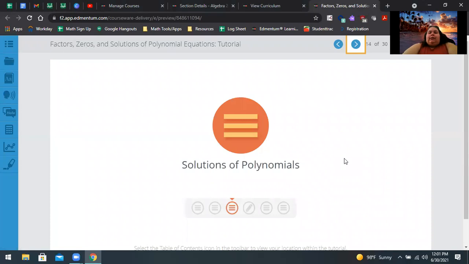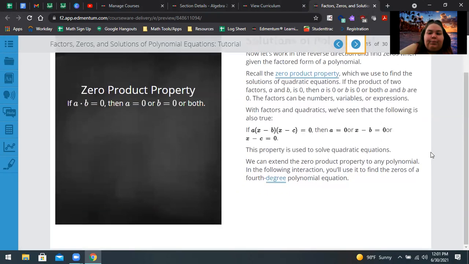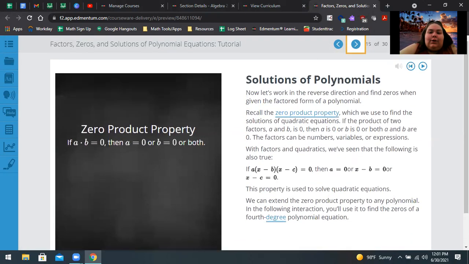So, solutions of the polynomial. Remember, zeros are the solutions to these polynomials. It's all within the same context that we're talking about. So now we're going to discuss it. The idea is that we're making that connection, going from factored form to finding those zeros, or using those zeros to go into factored form.